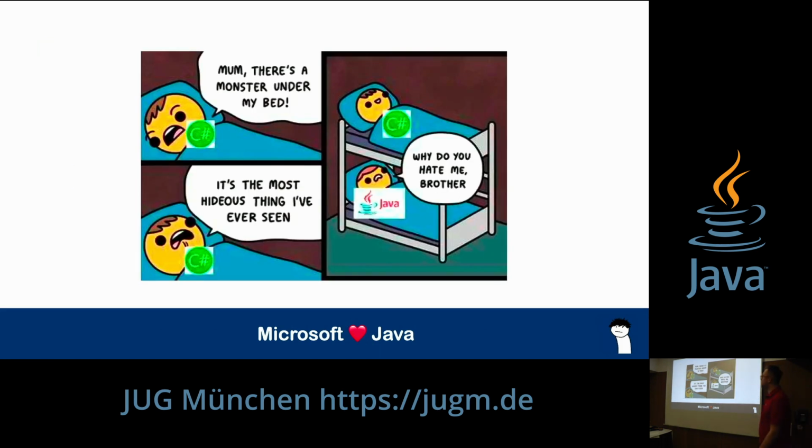When they first wanted to have support for Java baked into Windows, they decided that they would create their own Java. And they went to court with Sun. Sun said it's not allowed, because they wanted to change some APIs to make it compatible with ActiveX.